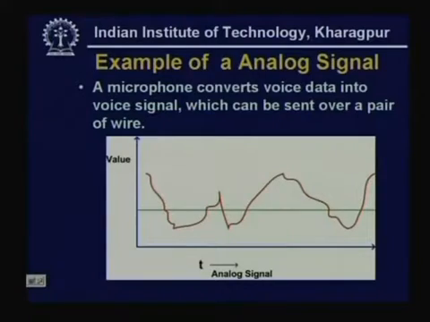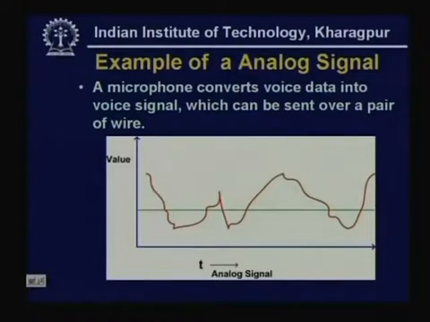A microphone converts voice data into a voice signal. Whenever somebody is speaking or singing, he makes some vibration in the air. That audio data can be converted into an audio signal or electrical energy with the help of a microphone.